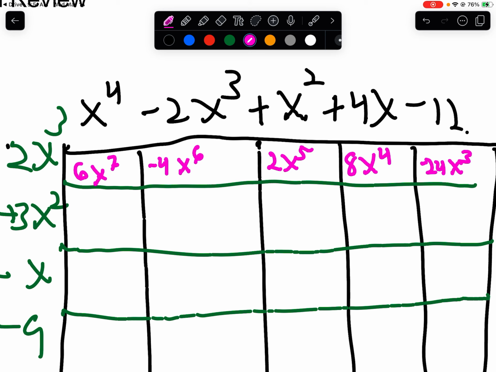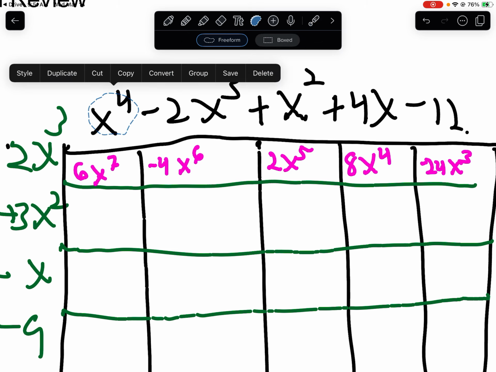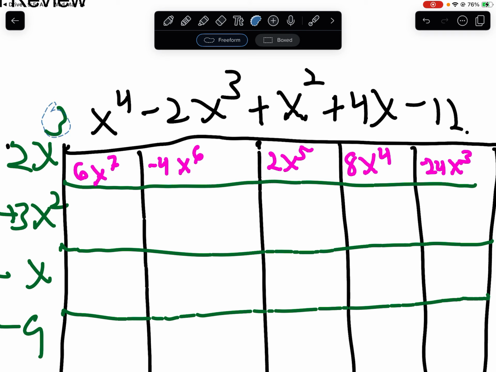Okay, then going down, I'm just going to start doing it. 3x squared times x to the fourth. Make sure you understand that x to the fourth is by itself. It has no constant in front. This 3 right here is the exponent on that x.